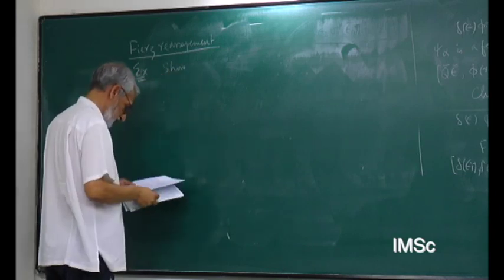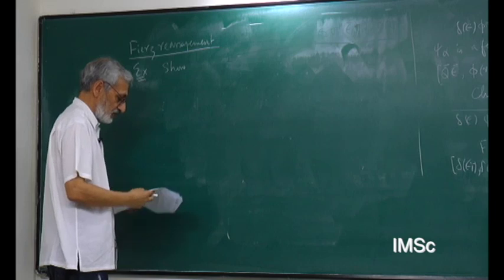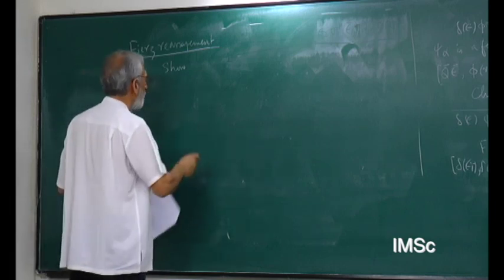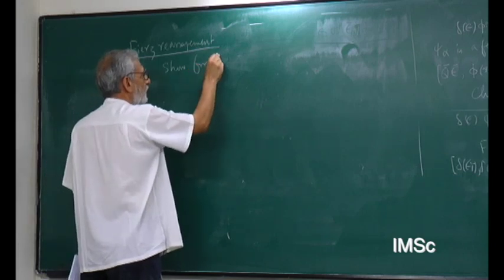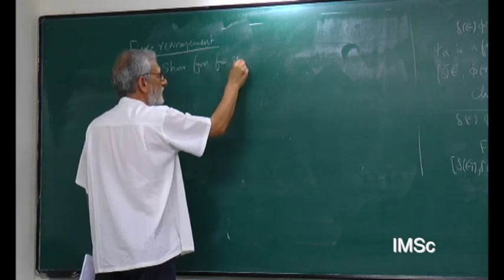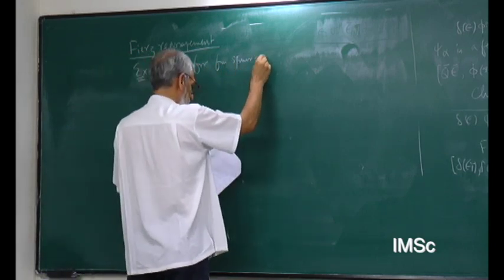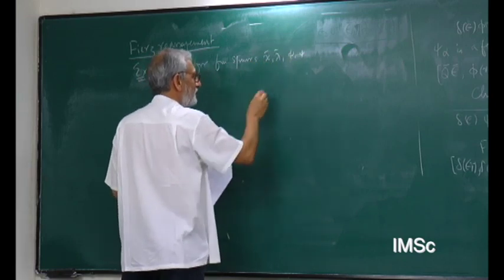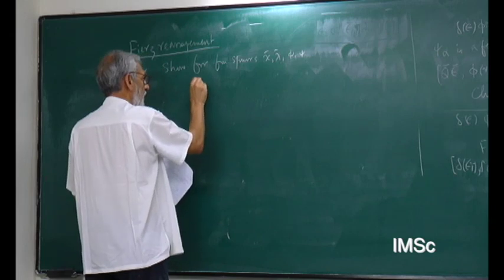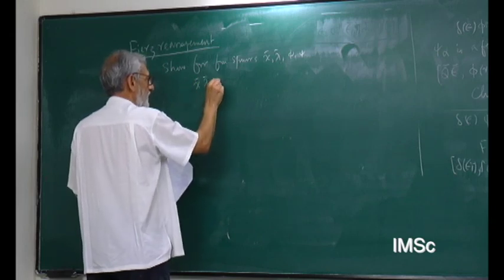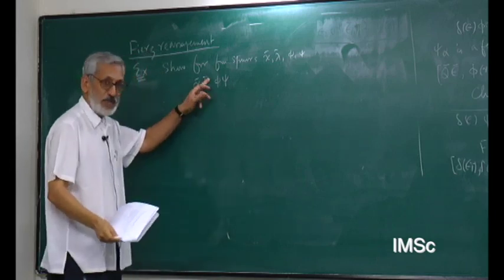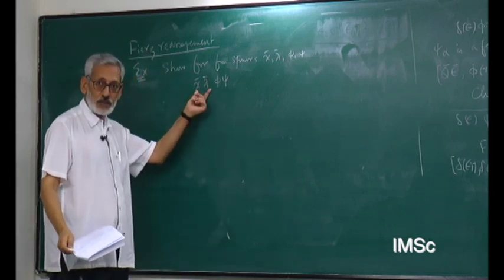Show for 4 spinors chi bar, lambda bar, phi and psi: chi bar lambda bar phi psi. Chi bar lambda bar means it is a contracted object.